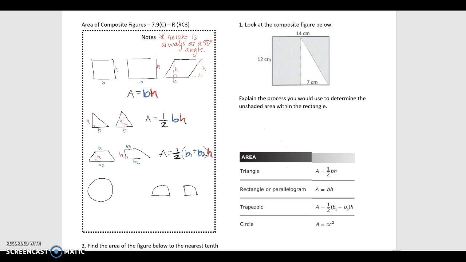So for area of a circle, our formula is area equals pi r squared, okay? So r squared means r times itself, and the radius is from the center to the edge of the circle. That is the radius. If you're given the diameter, you have to divide by 2.